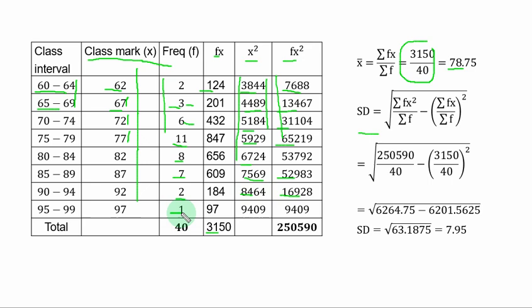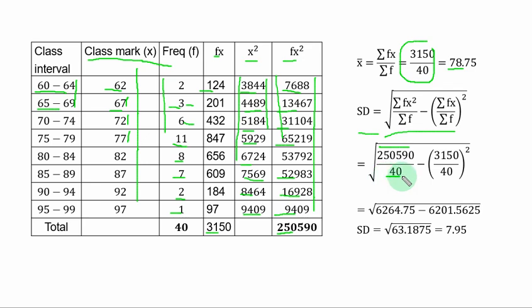You use 1, multiply this, you get this result. Summation of Fs squared means you add this column down and you have 250,590.